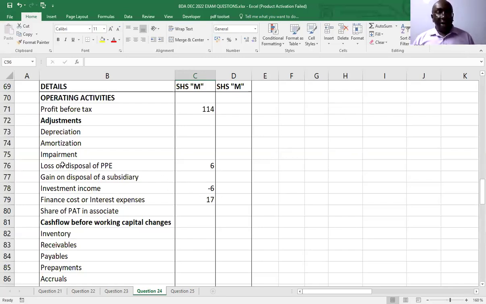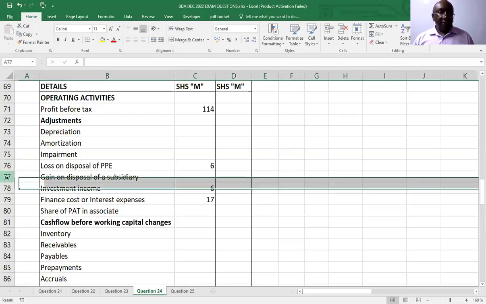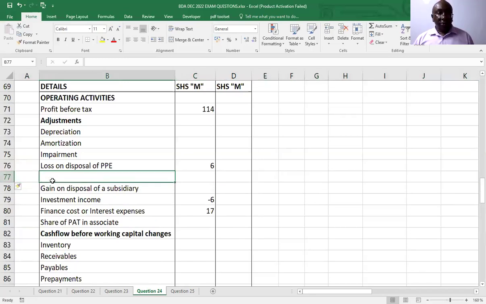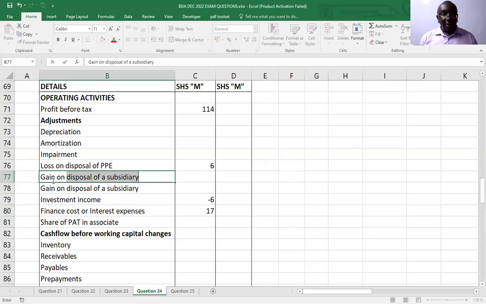We can add another line here. Let's add another line instead of deleting what we had put. So we can call it gain on financial assets at fair value.